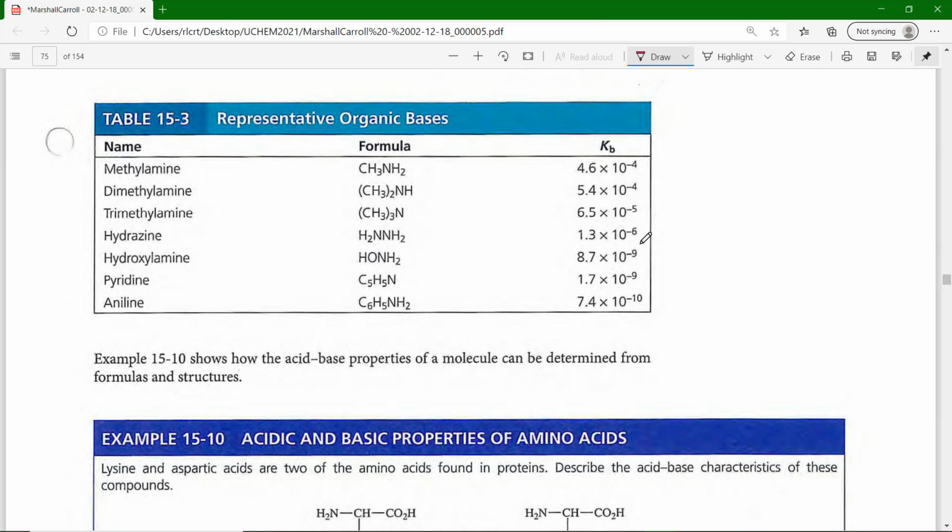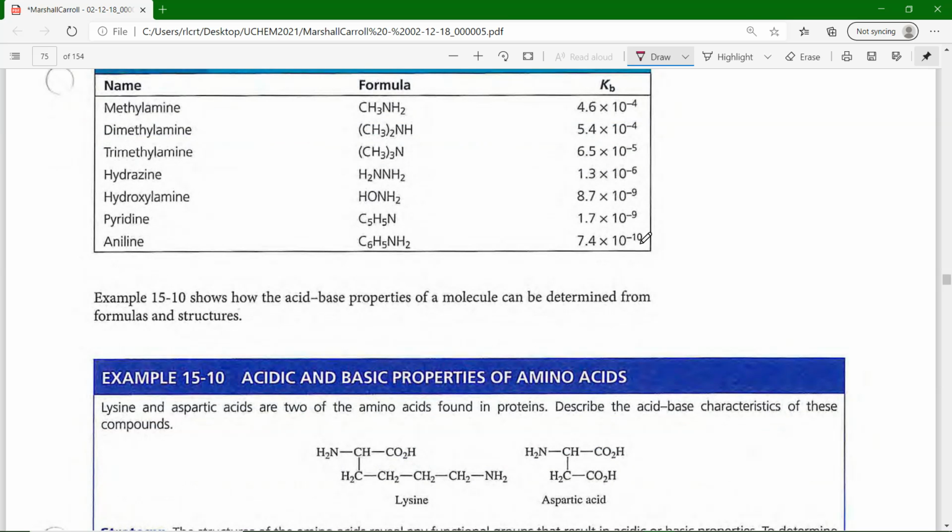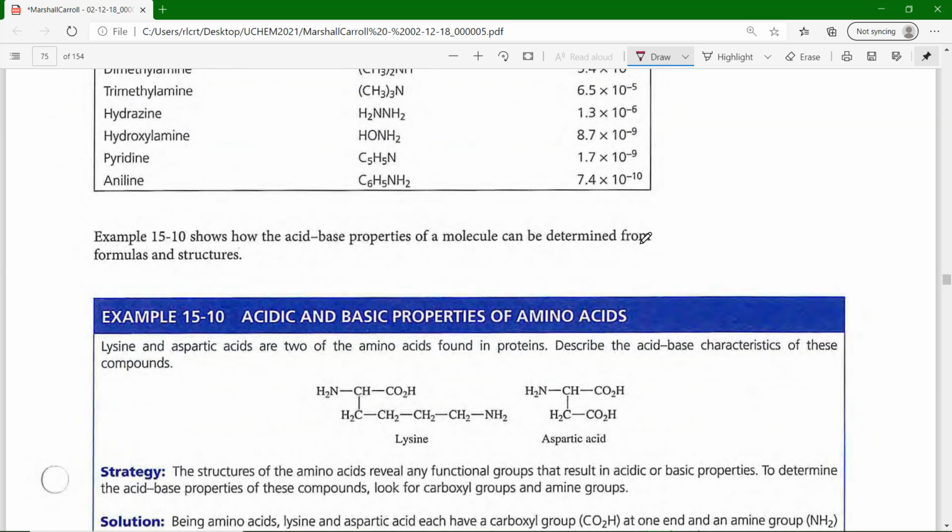The stronger the Kb, the more it would want to get a proton. Methylamine is used in some lifestyle bad choice productions of things. I don't need to go into that anymore, do I? Dimethylamine, etc. Hydrazine is used in rocket fuel.